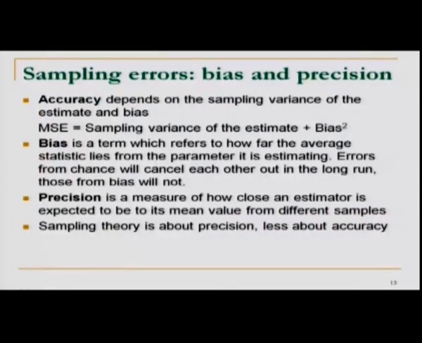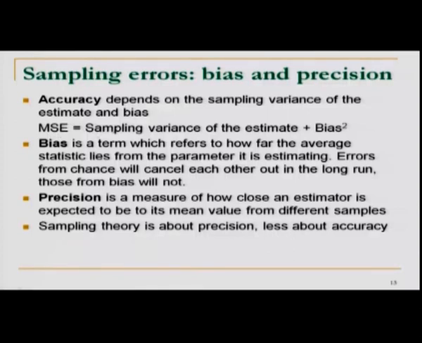Sampling errors: there are 2 things you need to understand in sampling errors, bias and precision. It is like reliability and validity. Bias is equivalent to a measure of validity, and precision is equivalent to reliability. Accuracy depends on the sampling variance of the estimate and bias.